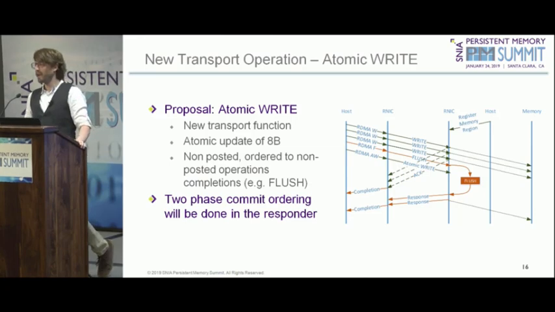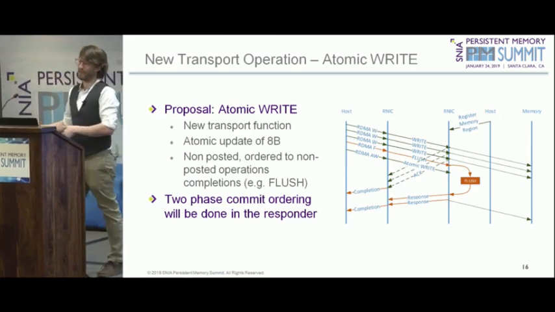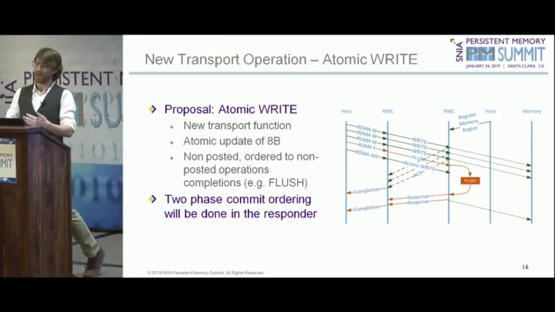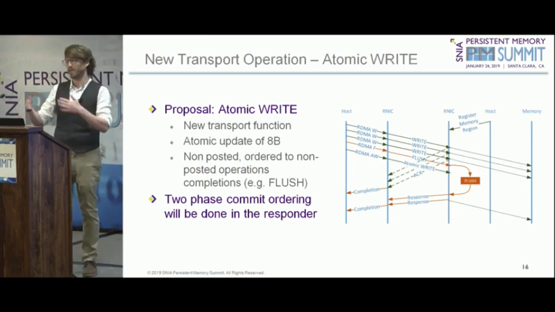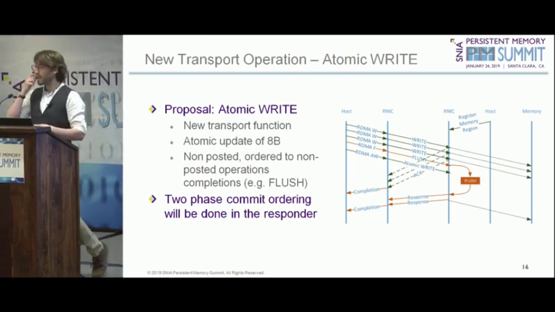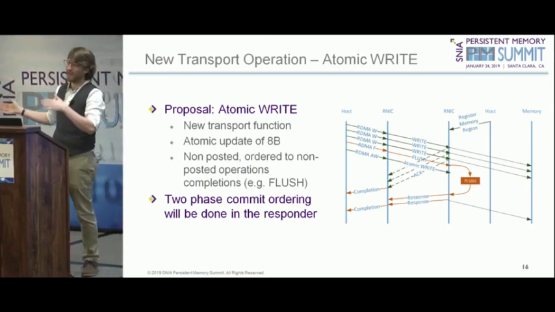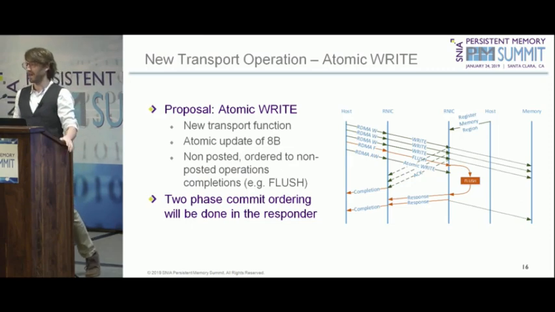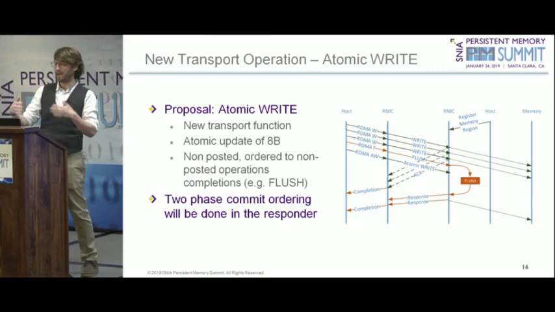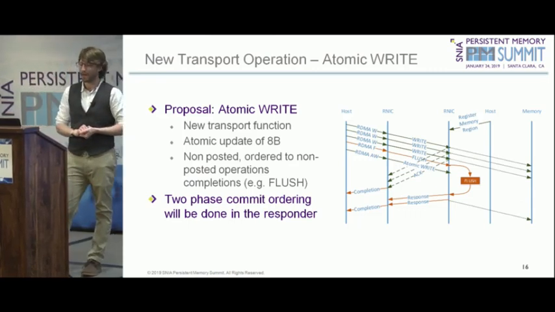The thing about this new operation is that it would be delayed as the flushes before would be delayed. Meaning, if I post this atomic write right after a flush, and the flush was delayed because it takes a long time, then this atomic write would be queued after the flush. But it won't halt the other large mass data transfers that don't want to wait behind a flush or behind an atomic write.